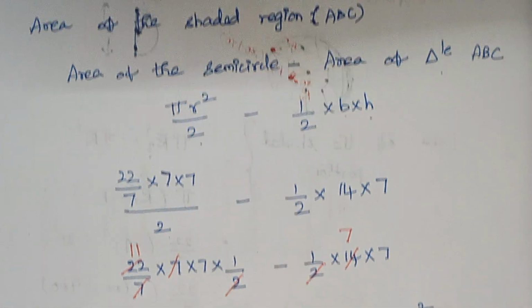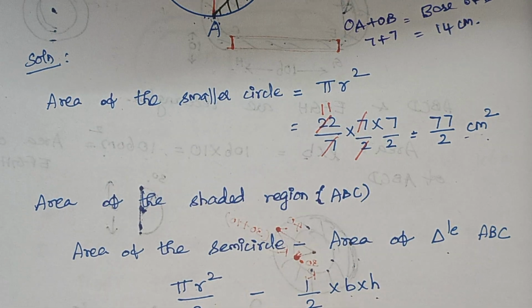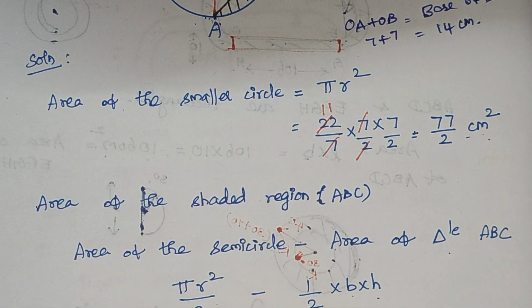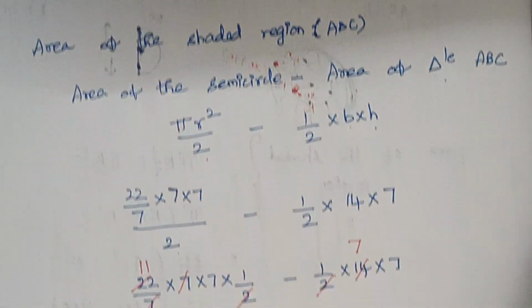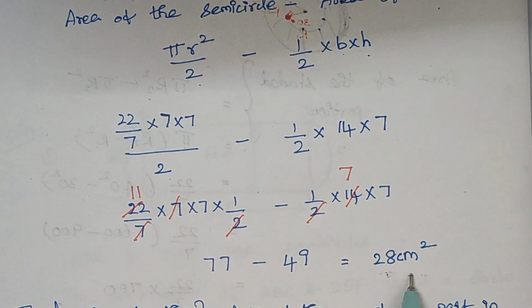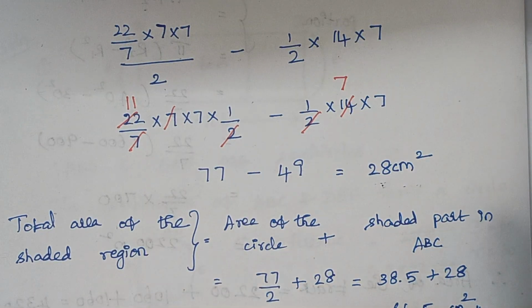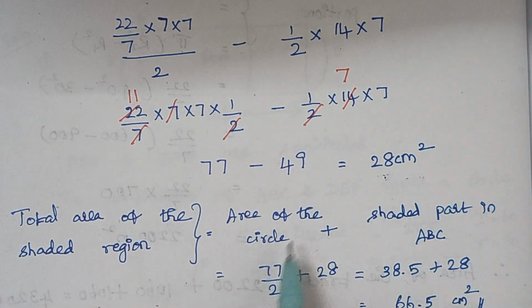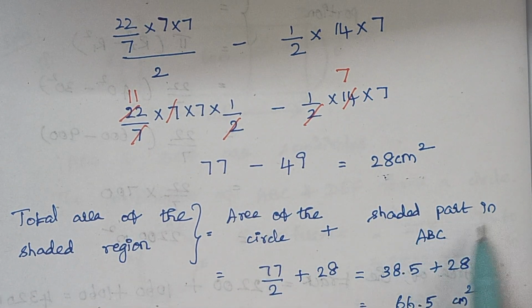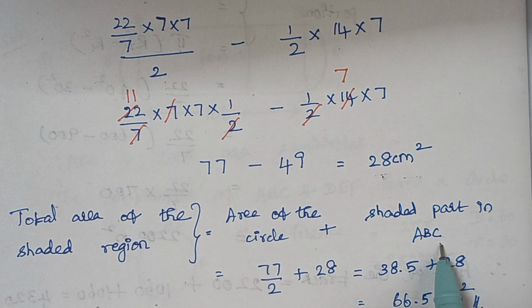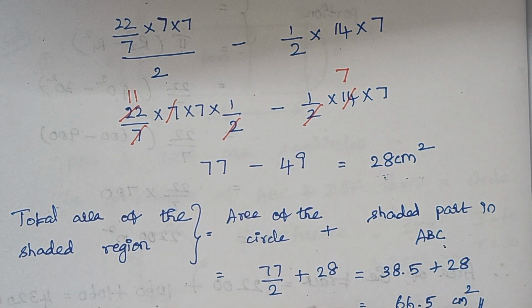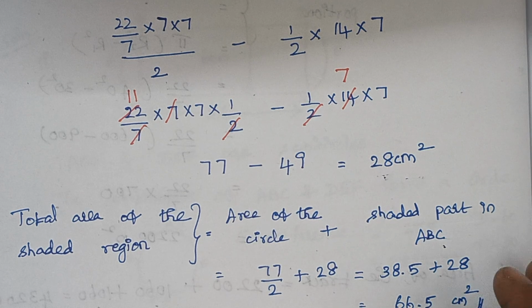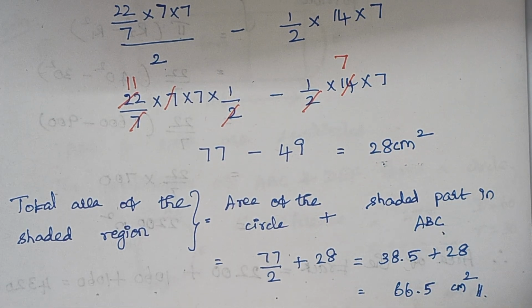The total area of the shaded region is the area of the smaller circle plus the shaded part in ABC. So here it is 77 by 2 plus 28. When you simplify, we end up with the answer 66.5 centimeters square.